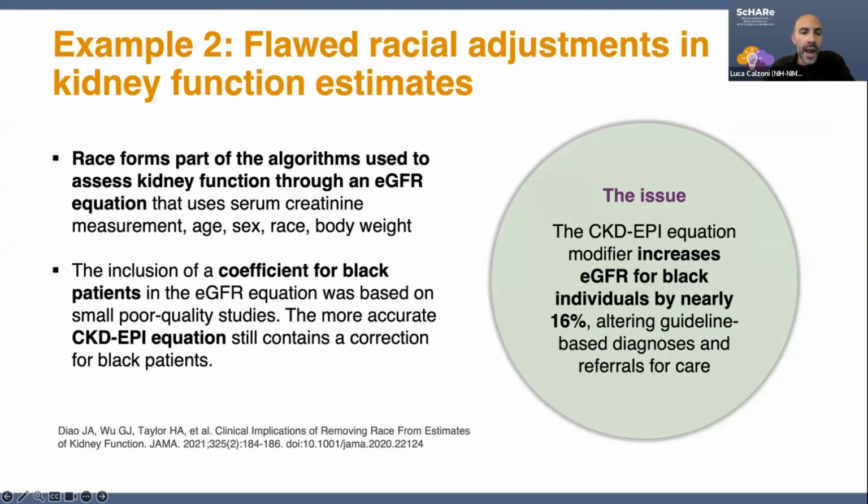Also, the more accurate equation that replaced the first one still contains a correction for Black patients. And the problem is that this equation modifier increases the values for Black individuals by nearly 16%, and this alters guideline-based diagnosis and referrals for care. Next, please.